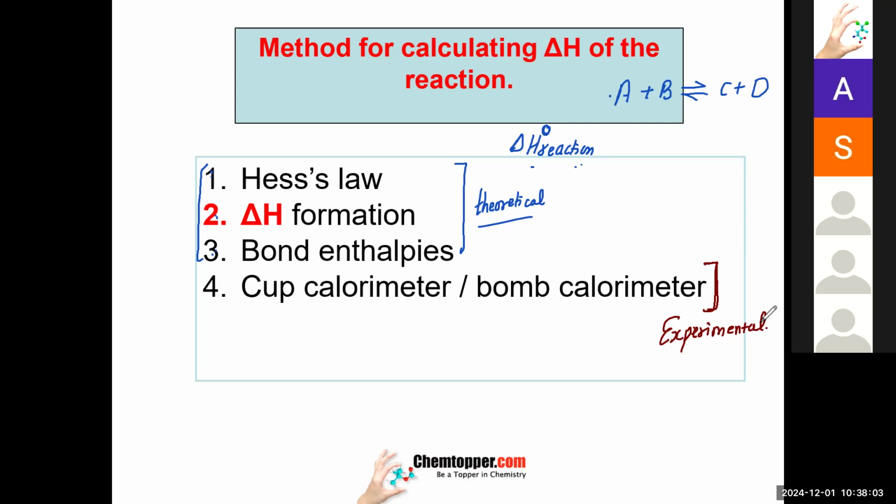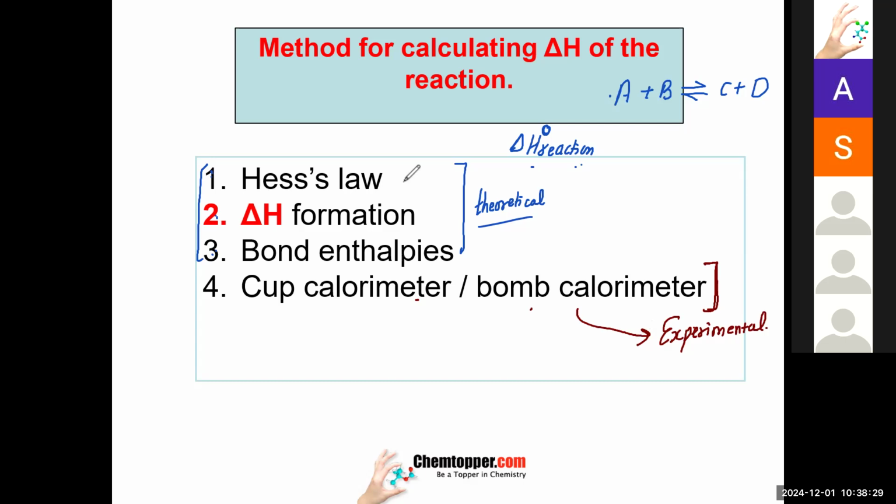That was all experimental. Same here: cup calorimeter and bomb calorimeter will be experimental. You perform the experiment, collect your own data, and then use equations and calculations to get delta H of the reaction.